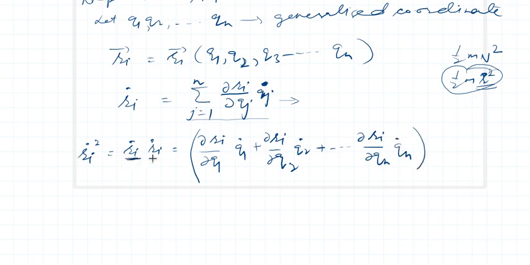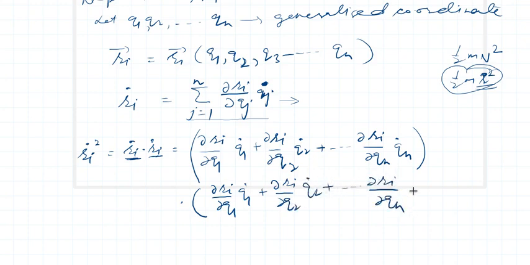Now I will take its dot product with itself, so it is multiplied by ∂Ri/∂q1 q1 dot plus ∂Ri/∂q2 q2 dot, plus and so on, ∂Ri/∂qn qn dot.